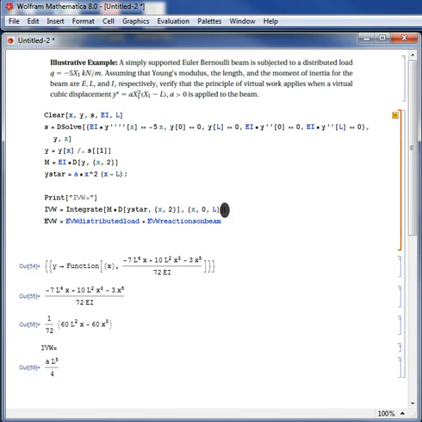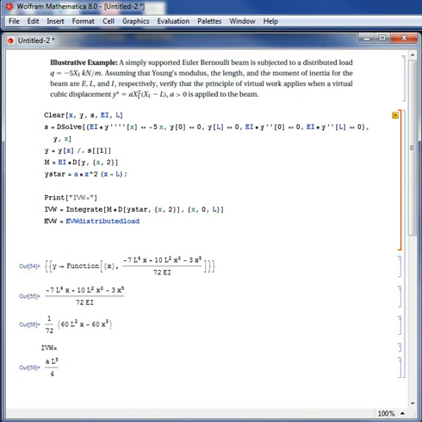The external virtual work is equal to the external virtual work due to the distributed load plus the external virtual work due to reactions on the beam. As shown in the lecture, the external virtual work for the reactions on the beam is 0. But in your assignment it is not necessarily 0, so you have to multiply the reaction by the corresponding displacements.